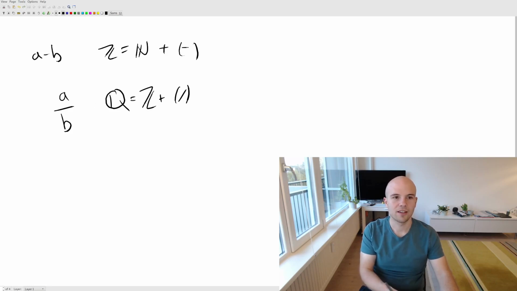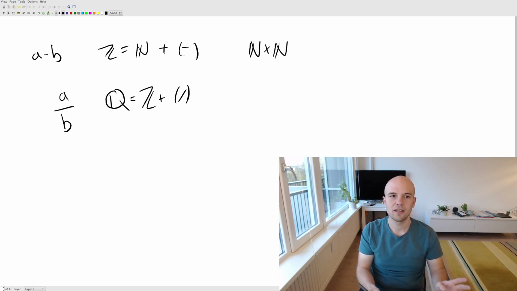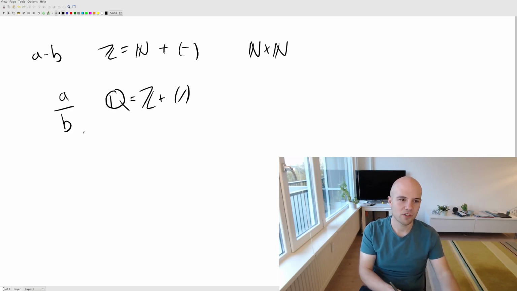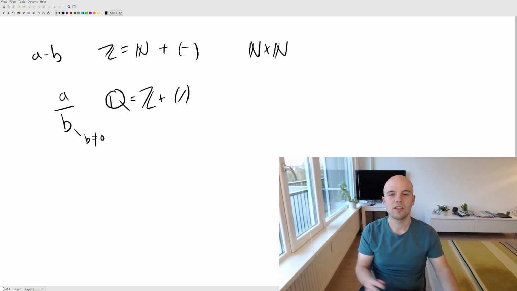Okay, so this is a very similar construction, and for the integers we considered pairs of natural numbers as the base type for the quotient, but for the rational numbers we have one more restriction here, namely that the b should be non-zero, and hence we pack the a, the b, and this condition together in a convenient type that we call fraction.